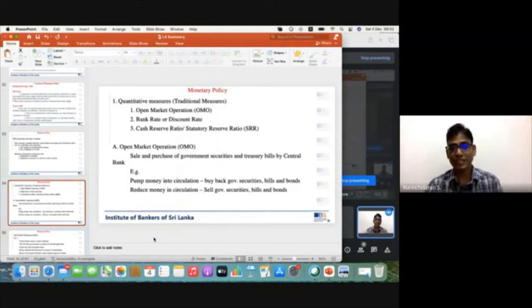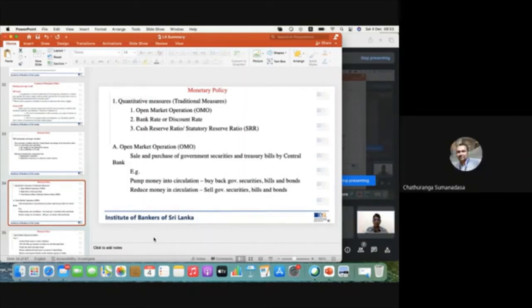There's a shortage. So the central bank will pump money. How? Buy back government securities, bills or bonds. So they will buy the securities. Securities will come into the central bank's hand and the central bank increases the reserve, right? So it pumps money into circulation.